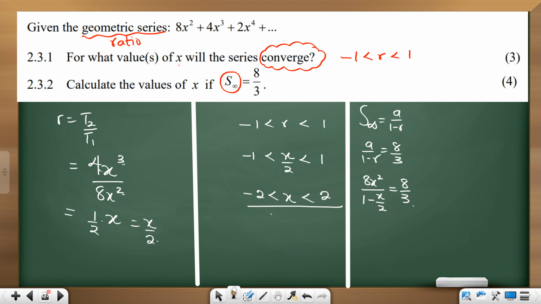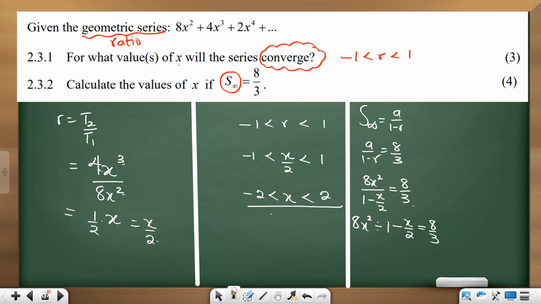Let's do it step by step, because I know this is where you say you're doing something wrong. Biggie says we should break up the division. So it will be 8x squared divided by 1 minus x over 2.